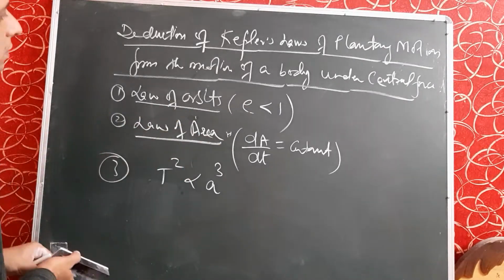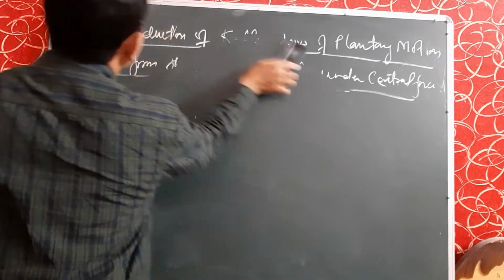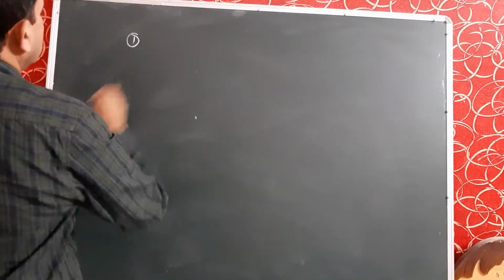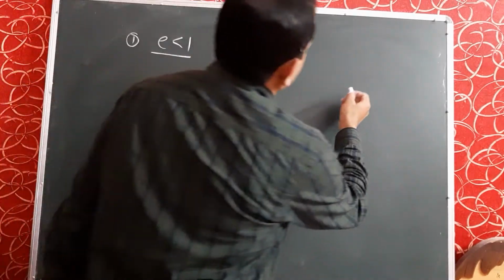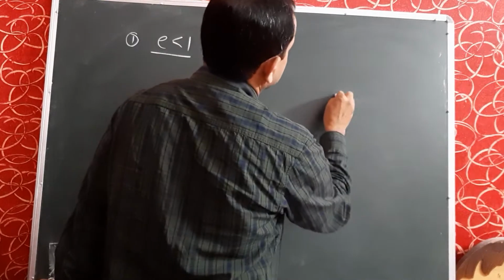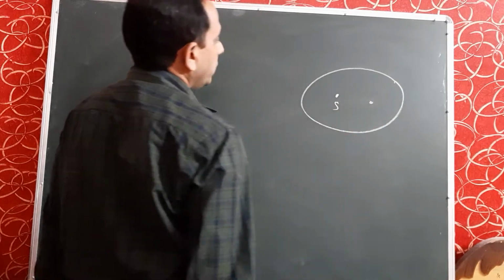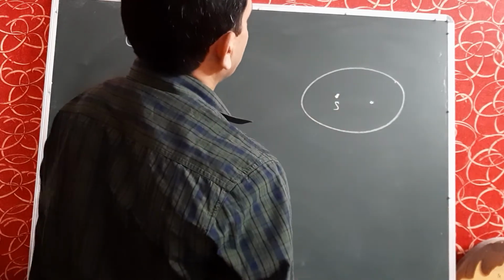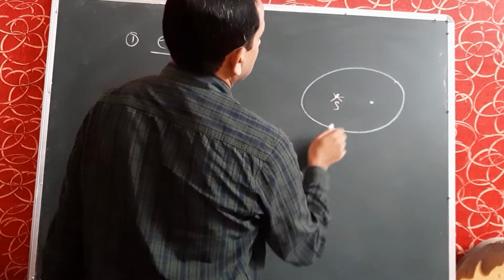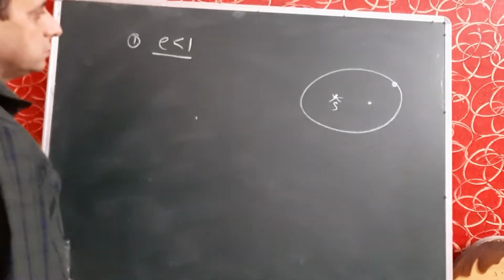So, we will discuss in detail and prove these three laws by using the concept of motion of the particle under inverse square force. First of all, I will prove the first law, that is e is less than 1. We know that in the case of planets, there is the sun, it is an ellipse and there are two focus points, that is foci, and the sun is lying at one of the foci. So, the sun is here and the planet is revolving in a fixed orbit, that is an elliptical orbit.